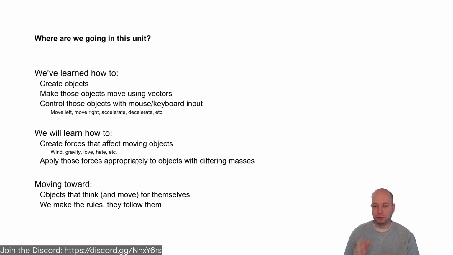So for those of you that don't know what that means, don't worry about it. But for those of you who do know physics, keep in mind we're not going to be dealing with actual angular forces.